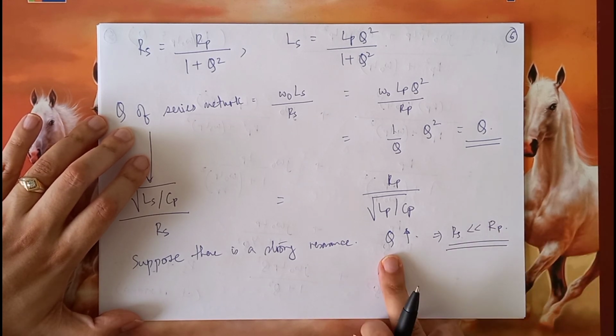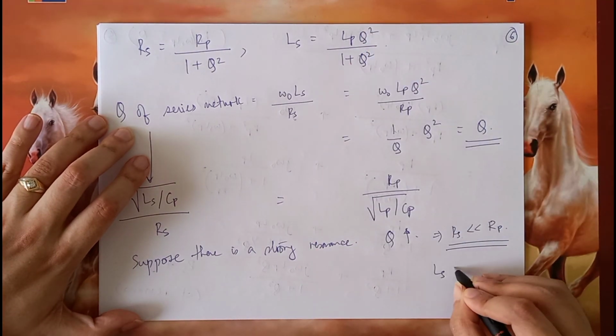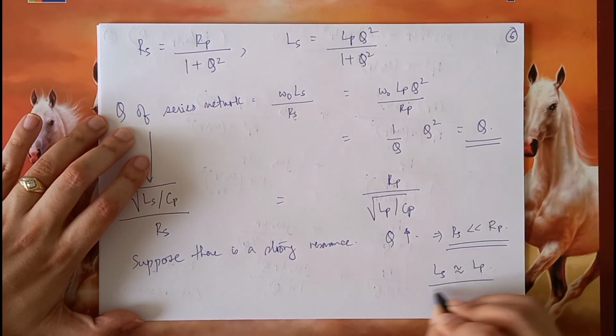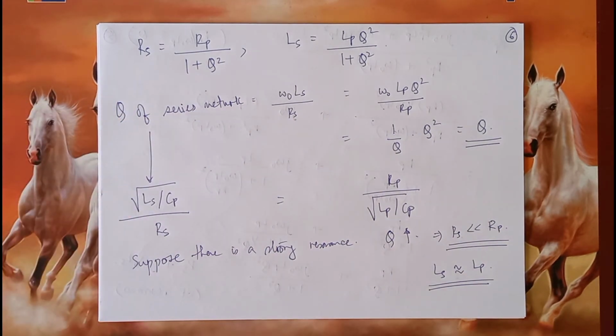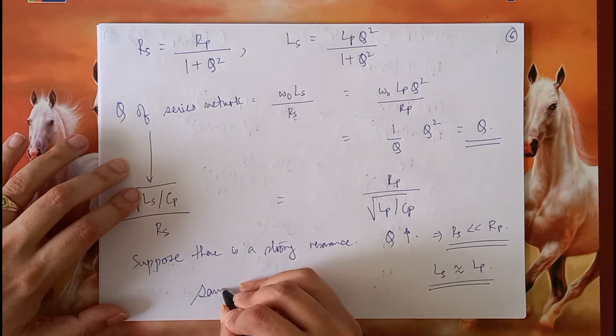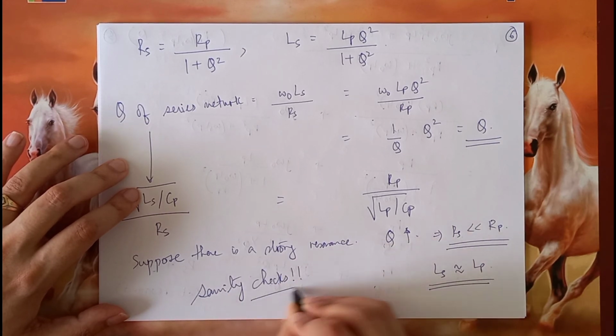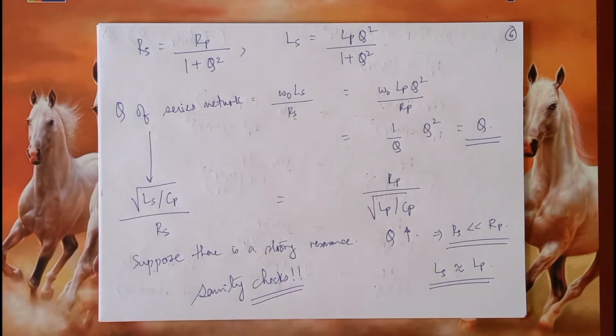But if Q is high, you will see because of this square term, Ls will be almost equal to Lp. This is another sanity check. This is very, very important.